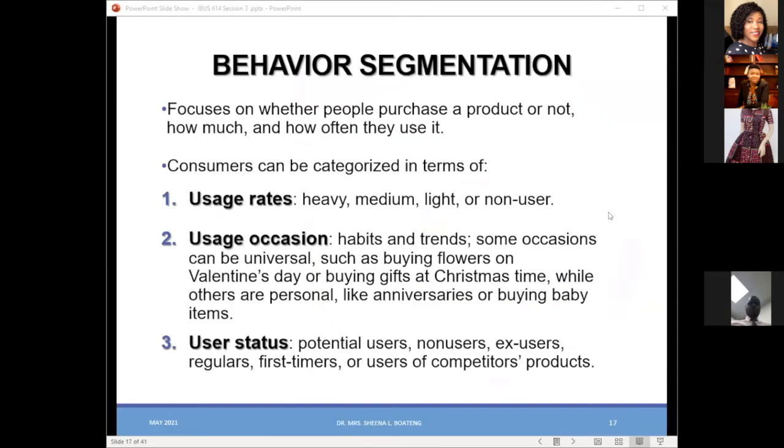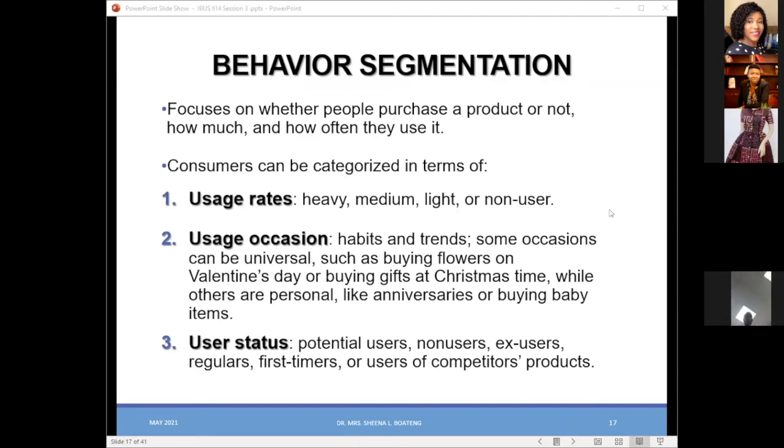And we are moving on to behavior segmentation, or some people will call it behavioral segmentation. Behavioral segmentation focuses on whether people purchase the product or not, how much of it they purchase, and how often they use it. To a large extent this determines how you craft your communication and the capacity with which you need to enter this market.